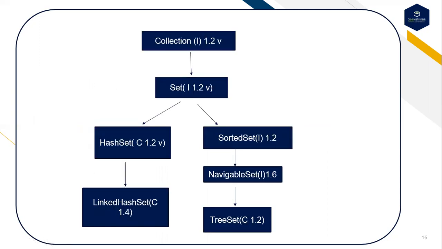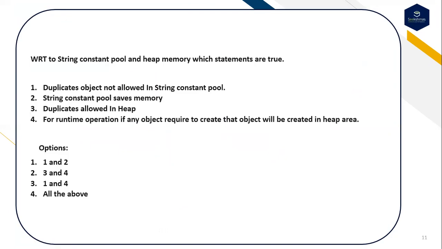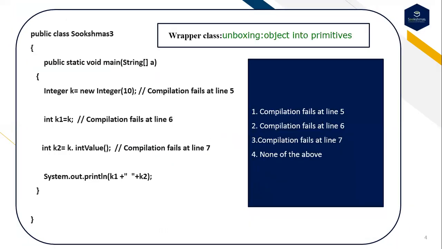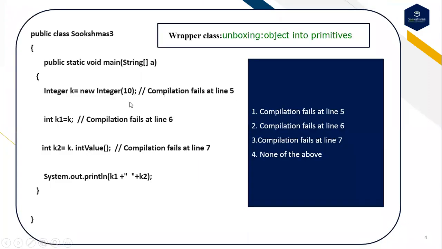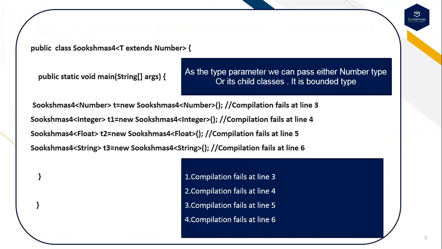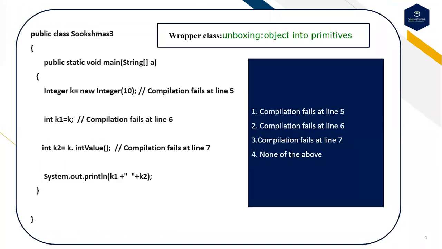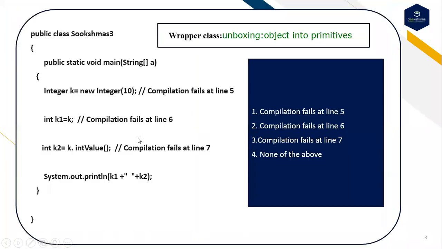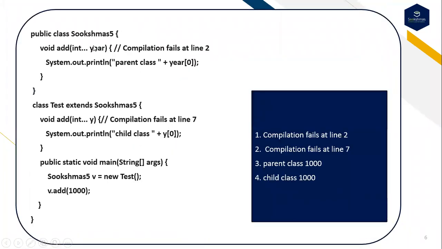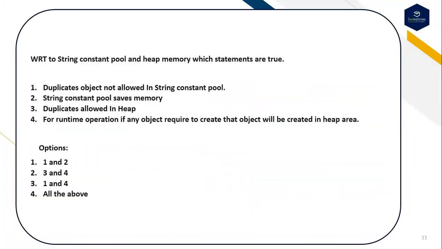And these are all the questions that appeared in the placement preparation. We'll go through all the questions again. This is the first question, and this is the second question. The third question belongs to the wrapper class implementation. The fourth question belongs to generics. The first and second questions belong to the singleton class, and the fifth question belongs to variable argument methods.